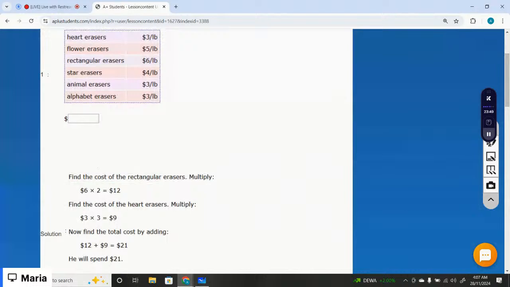That is the cost of the heart razors, that is $9. And the cost of the rectangular razors is $2. So you need to then add, the total money spent is $21.